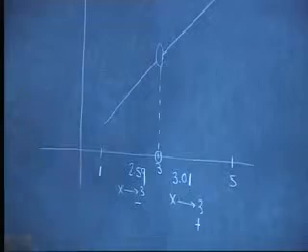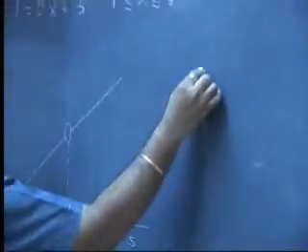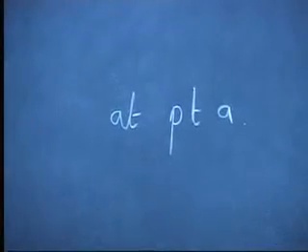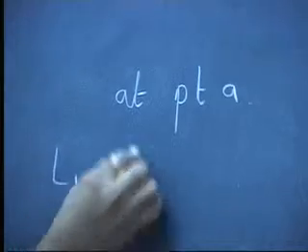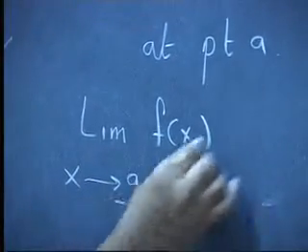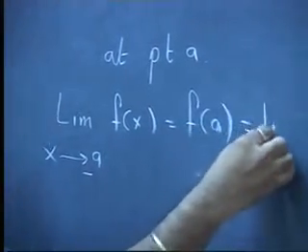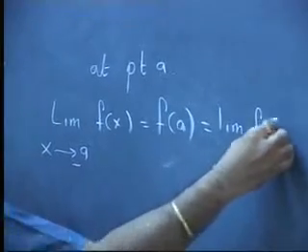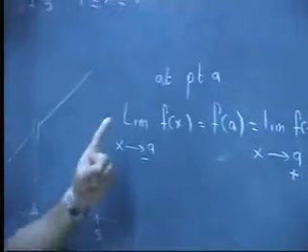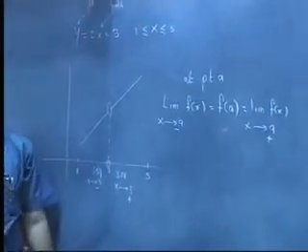So if I write it in the general form, to check the continuity at point a, I will check three values: the limit of f(x) as x tends to a from the negative side, f(a), and the limit of f(x) as x tends to a from the positive side. If all these three values are equal, then the function is continuous.